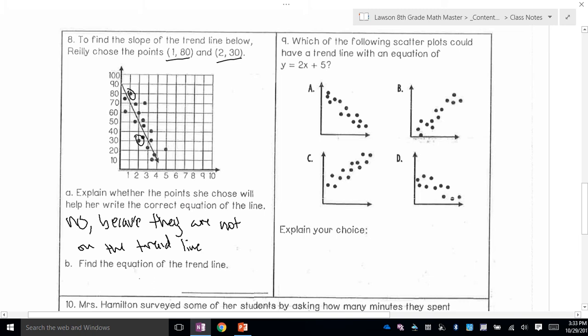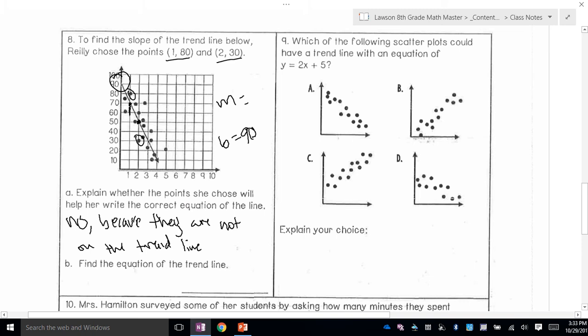Okay, and so we're still going to have to find the equation of that trend line, so I'm going to need to find my slope and my y-intercept. My y-intercept is when this line crosses the y-axis. It's crossing at 90, so my y-intercept will be 90. Pretty easy. And then my M, I'm going to have to find 2 solid points on the trend line, which is what Riley didn't do here. So I'm going to do a solid point here and a solid point back up here.